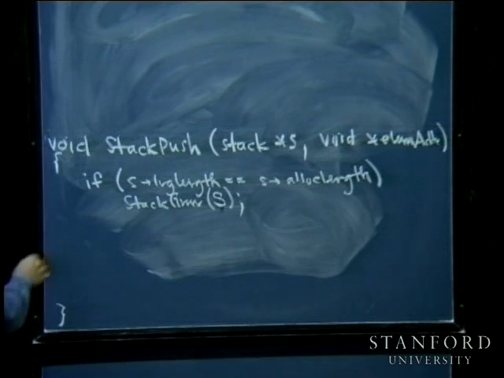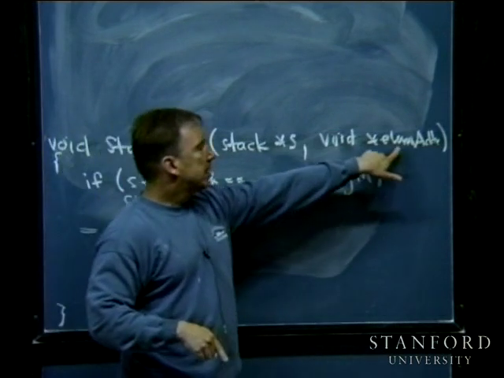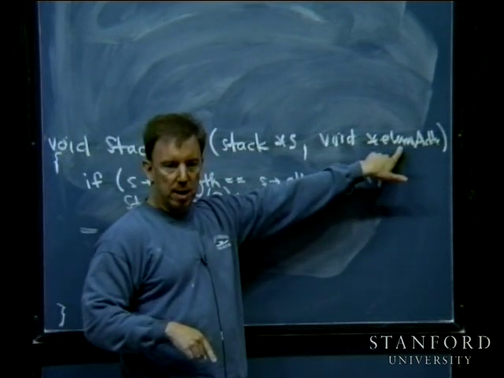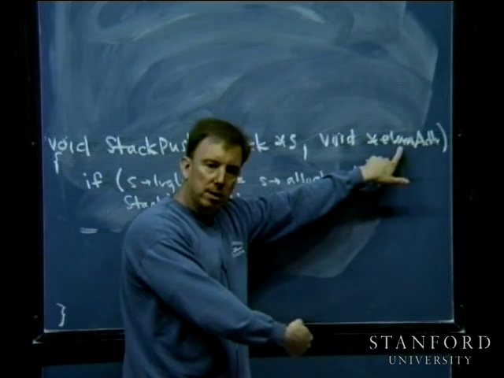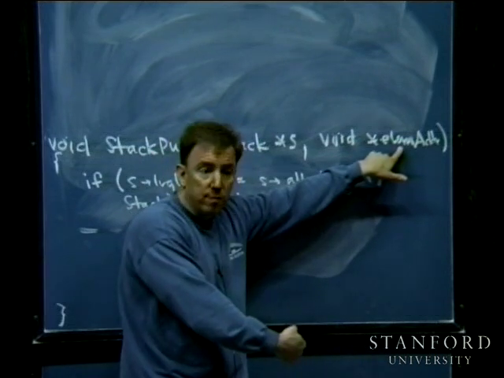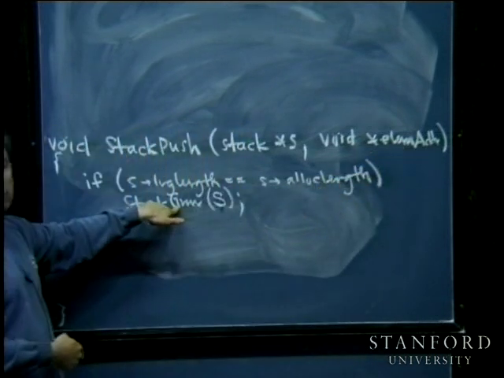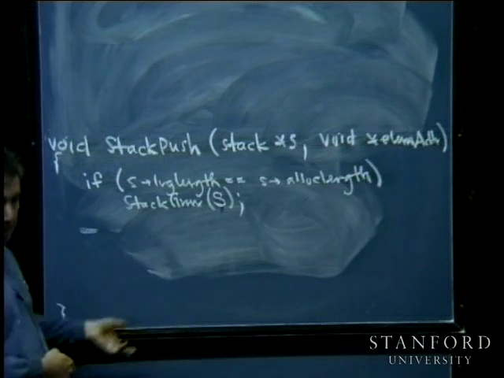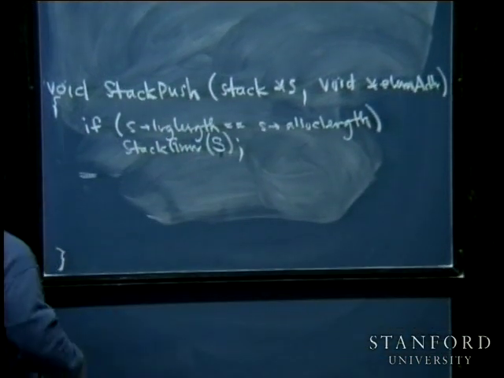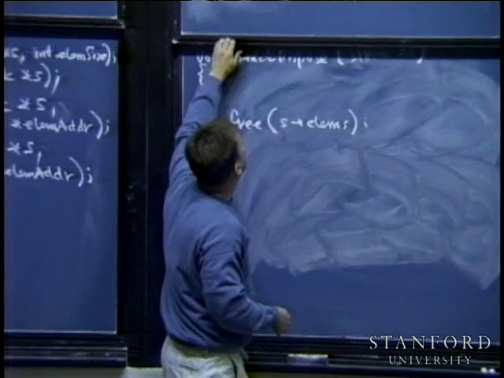Okay? Once I get this far, whether or not stack grow was involved, I want to take the S arrow elem size bytes that are sitting right there and write it into the next slot in memory that I know is there for me, because if it wasn't, stack grow would have been called. Let me refer to this picture.